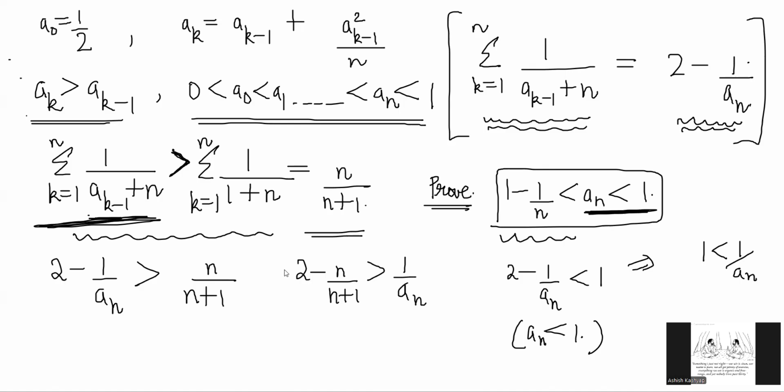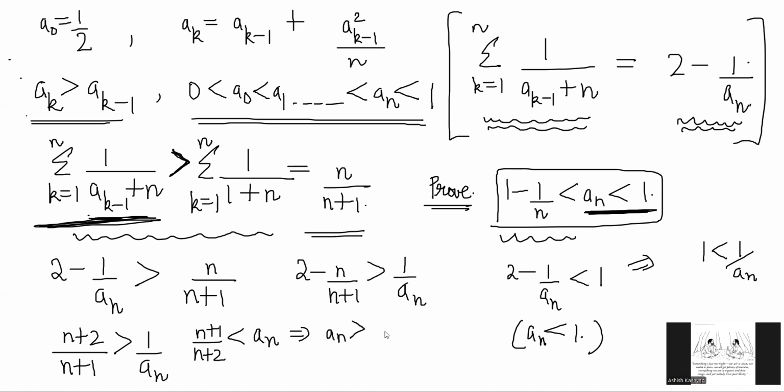You get 2n plus 2 minus n. So you get n plus 2 by n plus 1 is greater than 1 by an. So taking reciprocals, you'll get n plus 1 by n plus 2 is less than an, which means an is greater than 1 minus 1 by n plus 2.